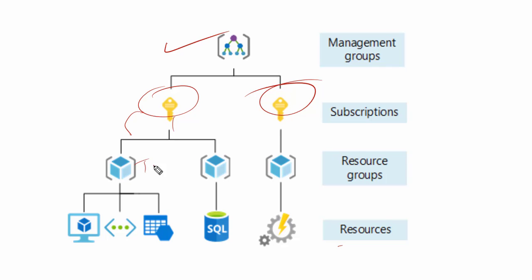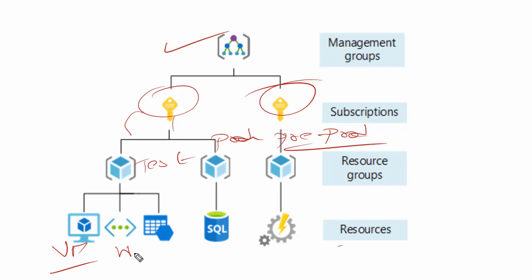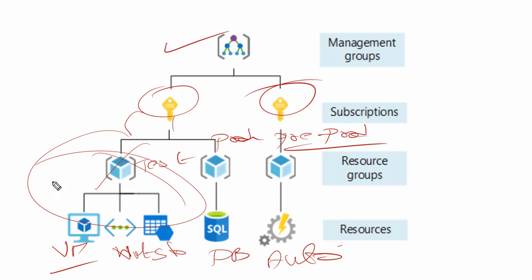The resource groups will be test or production or pre-production, pre-prod, and each resource group will have resources like virtual machine or VNet or storage or databases or an Azure automation account. So if you want to remove all the services inside the test resource group, you can simply delete the resource group and the entire services running inside the resource group will be deleted. So this is the structure of how the resource group looks.